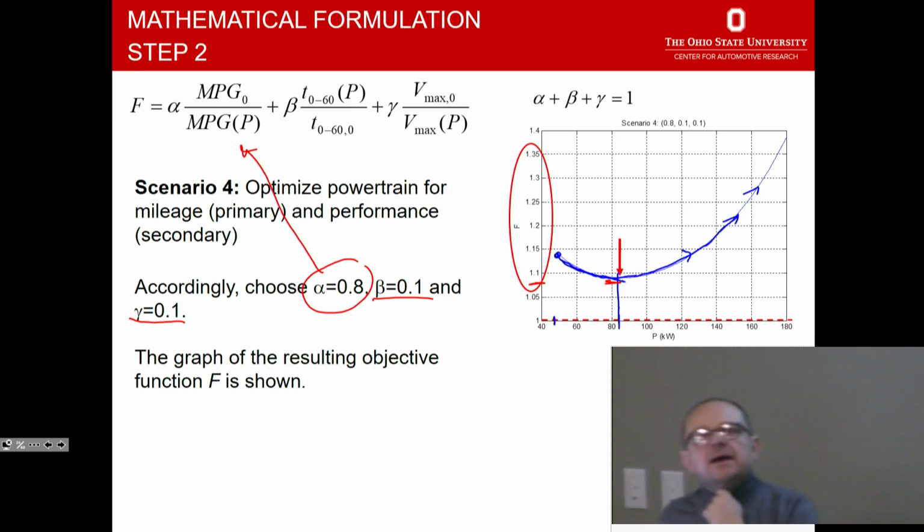And what this illustrates, philosophically, the point is very simple. You can obtain any answer you want by selecting alpha, beta, and gamma. So if your chief engineer comes to you and says, all I have is 120 kilowatt engines today, you can find the value of alpha, beta, and gamma such that your answer becomes the one that makes your chief engineer happy.